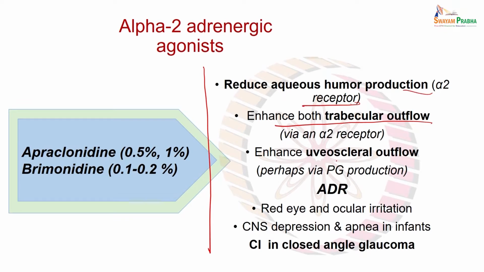So, alpha 2 adrenergic agonists have a dual mechanism of reducing secretion and increasing outflow, and they enhance uveoscleral outflow via PG production. Adverse drug reactions are red eye and ocular irritation, CNS depression and apnea in infants, and this is contraindicated in closed angle glaucoma, because then this can further precipitate it.